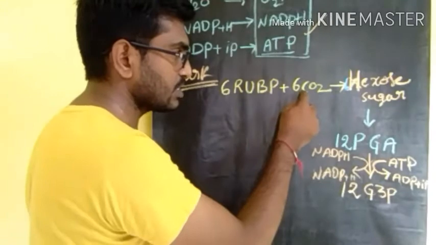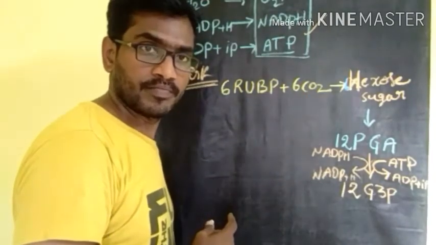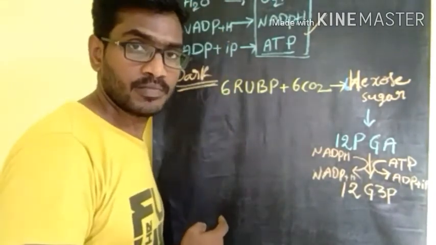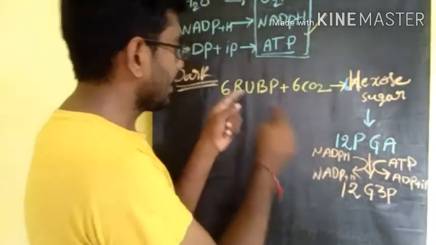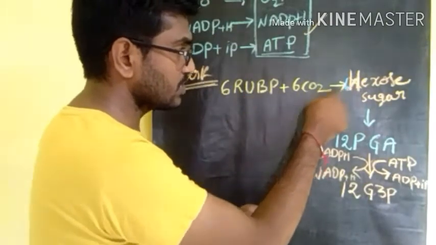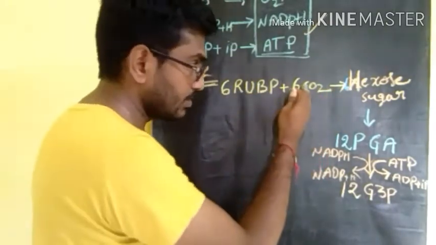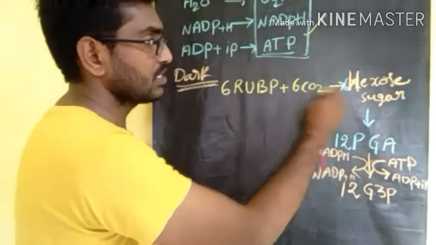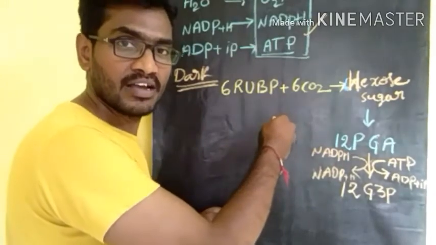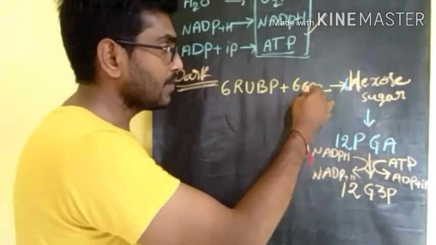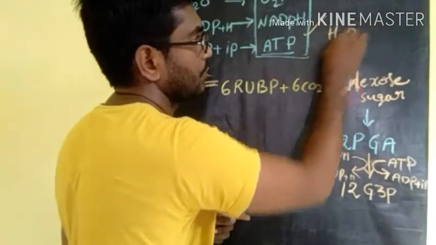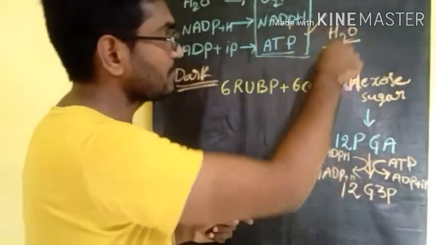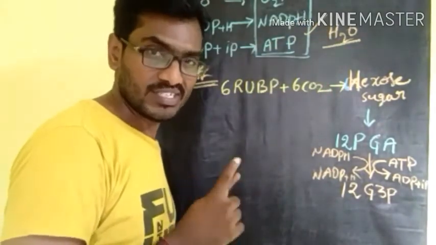From where did these hydrogens come? From the water molecule. So these hydrogens attach to the carbon and oxygen separates from the carbon. This oxygen combines with the hydrogens present in the stroma and forms water. Like that, water forms during photosynthesis.